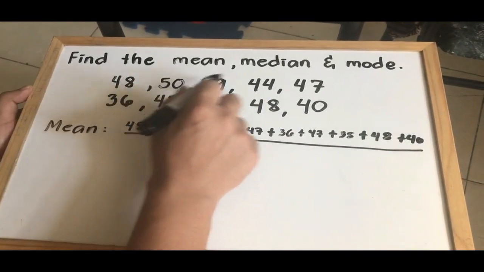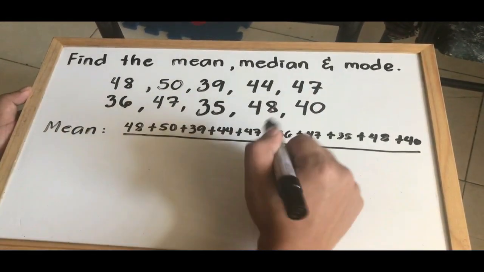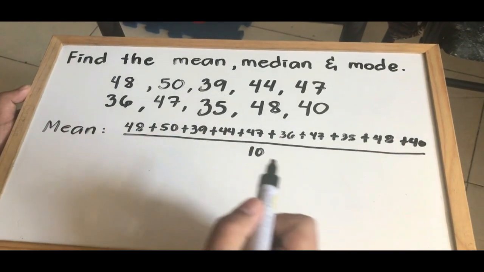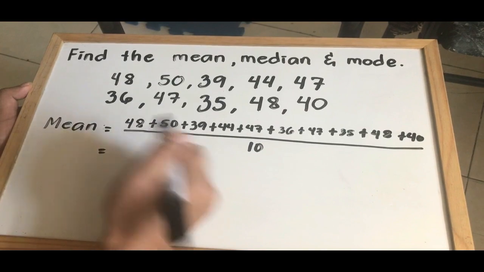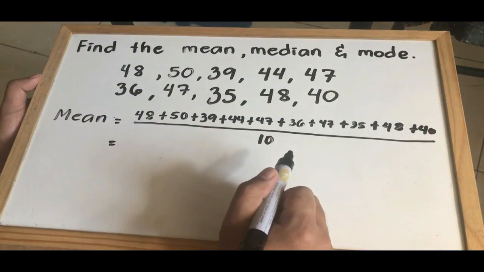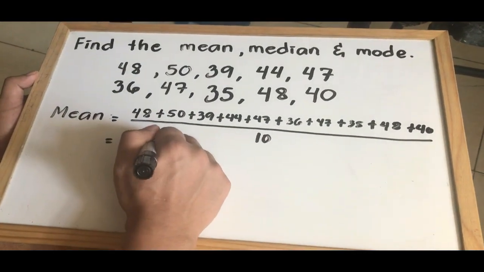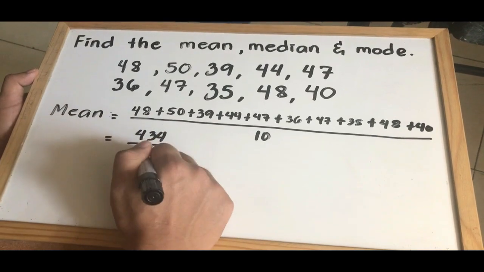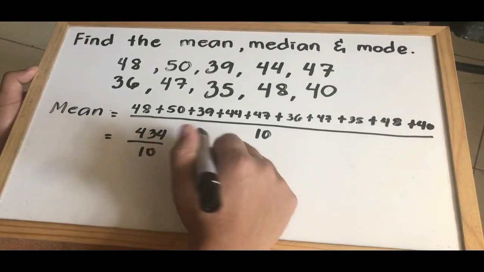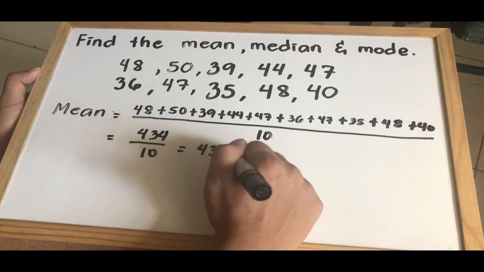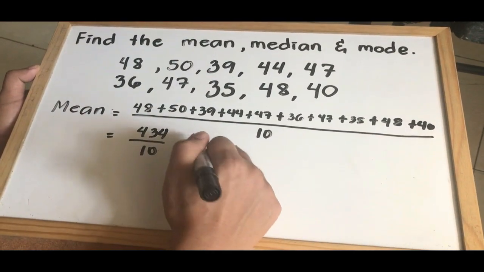So 1, 2, 3, 4, 5, 6, 7, 8, 9, 10, divided by 10. Now get the sum, that is 434 divided by 10. Divide, that is 43.4. So this is now the mean.